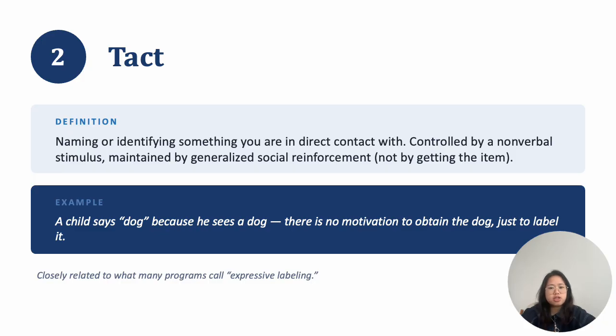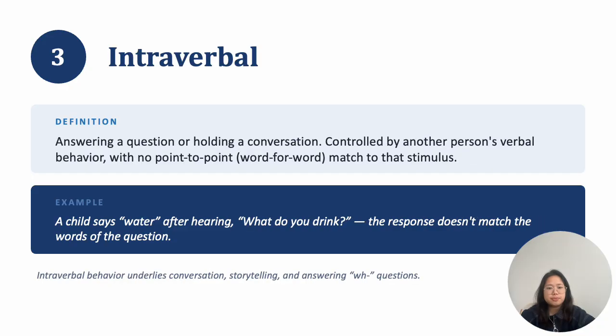There's no motivation to obtain the dog; he's simply labeling what he sees. If you've worked in programs that use the term expressive labeling, that's essentially describing the tact. Keep in mind that the tact and the mand can use the exact same word, but they are controlled by completely different variables. We'll come back to that distinction shortly.